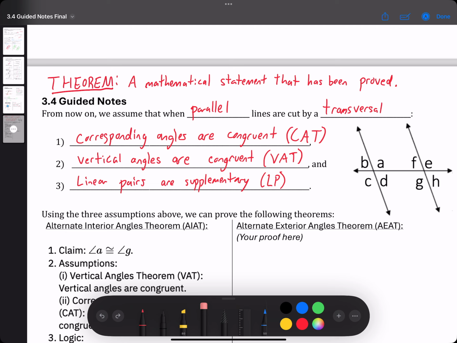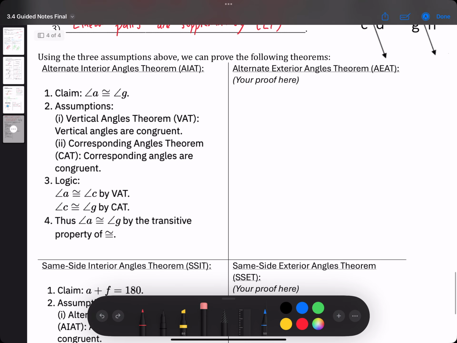When you make linear pairs, for example, A and D, or E and F, any two angles next to each other forming a straight line are supplementary. That's the third one. We're going to assume those three facts, and we're going to use those to prove our claims. So we can prove the following theorems.